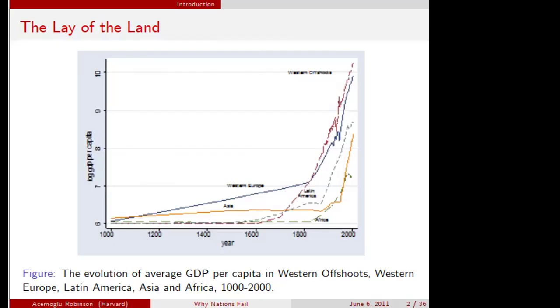Extractive political institutions, just opposite to inclusive political institutions, means that power is concentrated in the hands of a few people, where there are no checks and no balances and no rule of law. And we call it absolutism. So, as we saw, these tend to gather and reinforce each other.